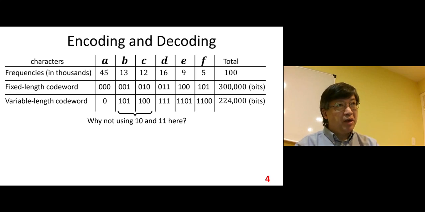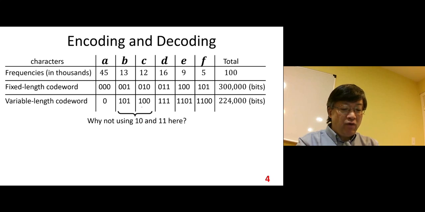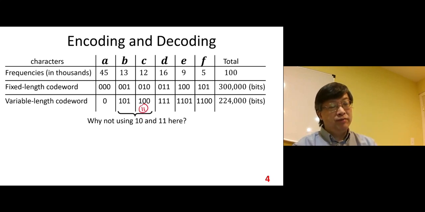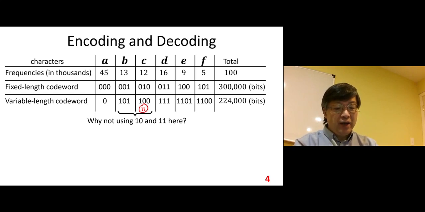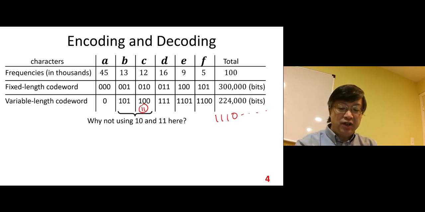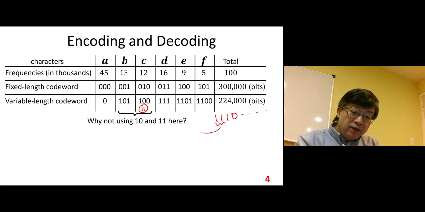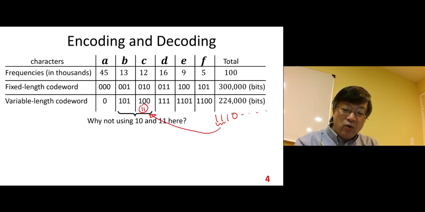Why not 10 and 11 here? All right. Let me see. Think about if you use 11 for C, then you will get trouble. Because when we get a sequence of bits, 1110, when you see 11, do you know you get a C, or when you wait one more, 111, you get a D?